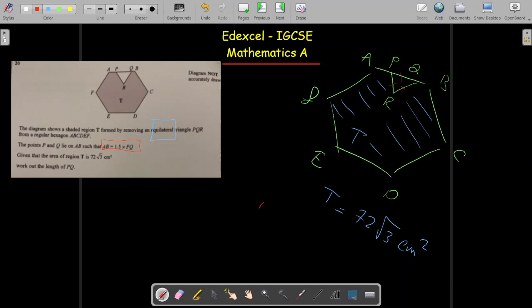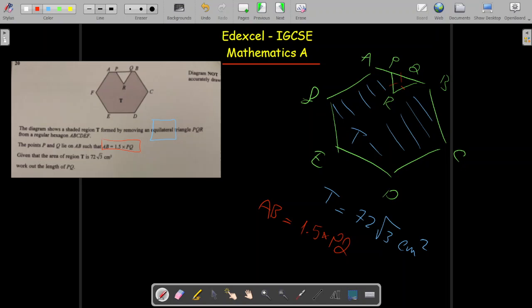It's saying that AB, which is one of the sides of the hexagon, is actually nothing but 1.5 multiplied by PQ. So that's the idea. It's a relation between PQ and AB. We're going to use it to help us solve this problem inshallah.